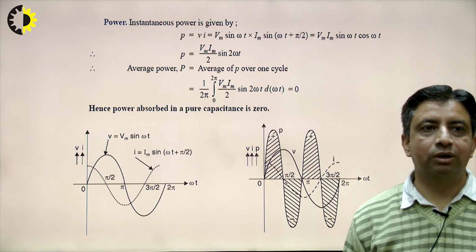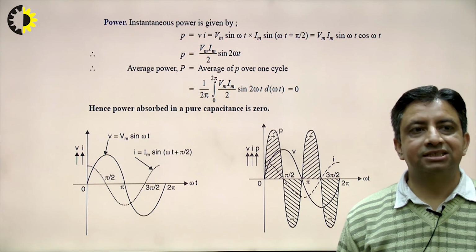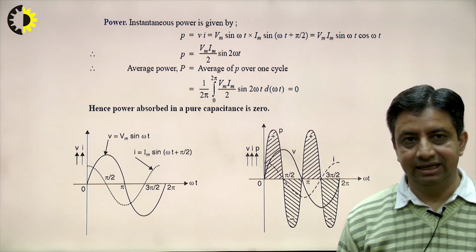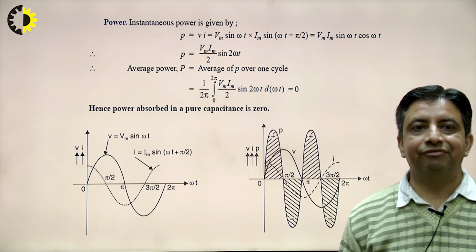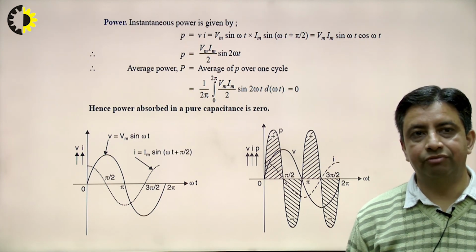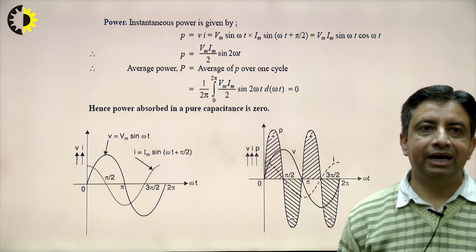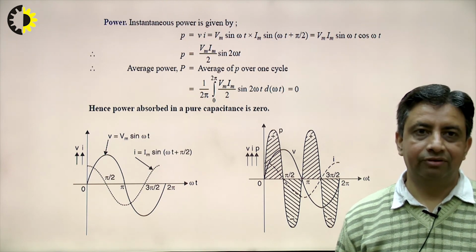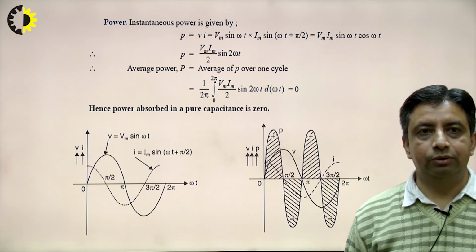And in the next quarter cycle, the voltage is still negative, but the current is positive, that is why the power is negative. If we find out the average value of power, you will find there are 2 positive halves and 2 negative halves. So, the net power will be equal to 0.